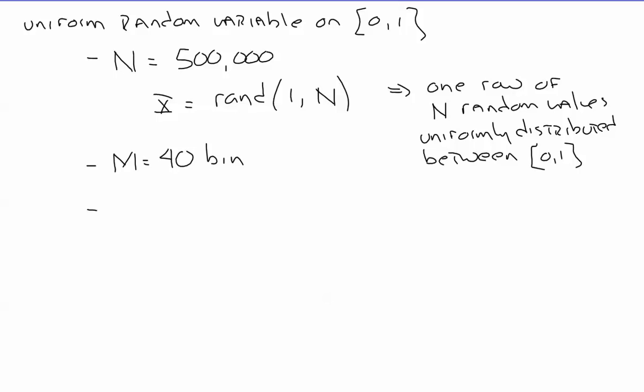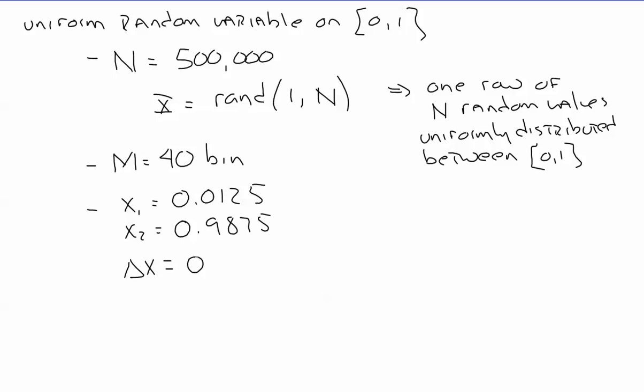The minimum bin was going to be 0.0125. The maximum bin was going to be 0.9875, and that was equivalent to a bin width of 0.025. I calculated using my rand function 500,000 data points.